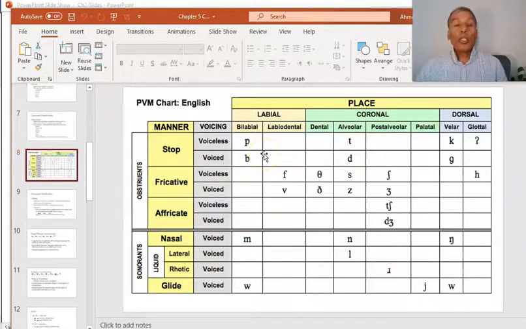So we use, again, as I mentioned before, we describe any consonant based on: is it voiced or voiceless? The manner, how does it sound, what is the quality of the sound? And then the place of articulation inside of the oral cavity.